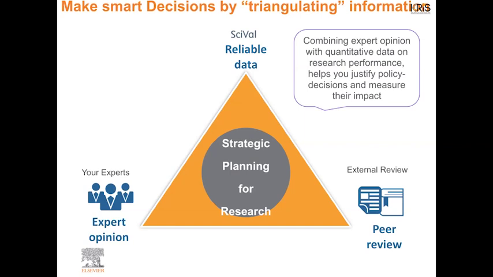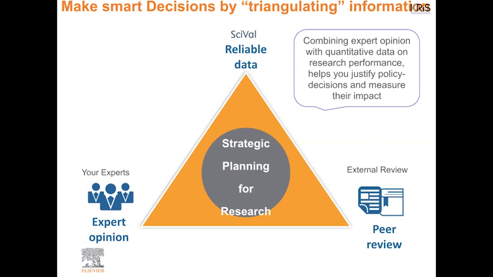So that way you combine expert opinion with the quantitative data to triangulate to form a strategy for planning research. This helps with regard to justifying decisions, because you can very clearly show the evidence for why certain decisions are being made, as well as tracking the change in performance.